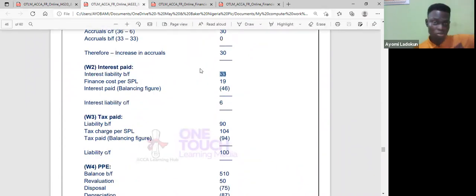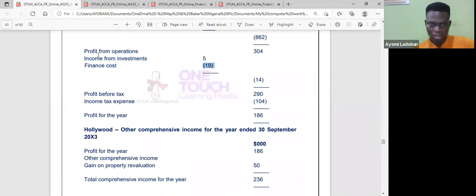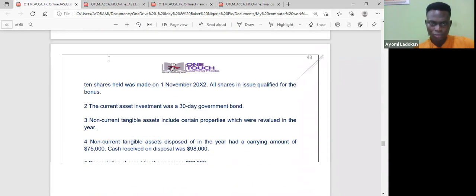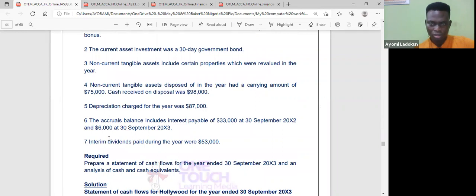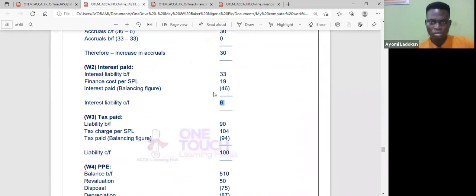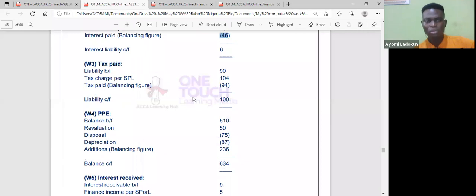Finance cost is also interest. So that's how you have this 19. Then at the end of the current year, my interest payable is 6, from the additional information. So the difference between 33 plus 19, and you remove 6, will give you 46. So that's the balancing figure.